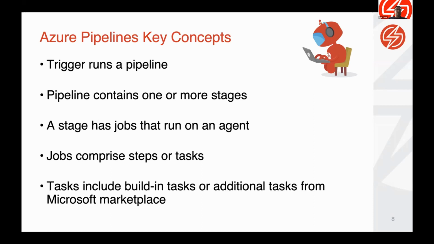Each stage includes tasks, and the tasks are built-in tasks, or there are companies that add more tasks that can be downloaded from the Microsoft Marketplace. So there are a huge number of applications in the Microsoft Marketplace that you can use to create your pipelines.